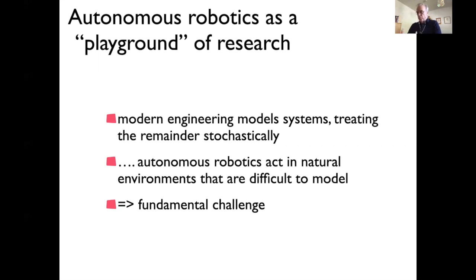Some people react to that by saying we have to try harder to model even that. That's, for instance, done in probabilistic approaches. And others argue, and I'll get to that in a little while, that maybe one can achieve some things without modeling everything. So that's a fundamental challenge that robots enable you to work on.